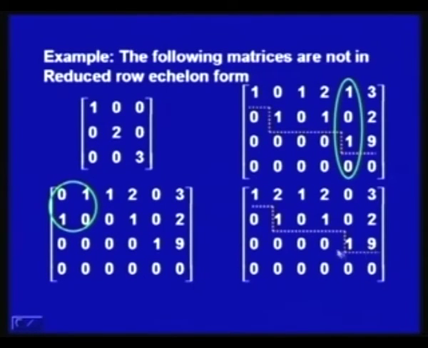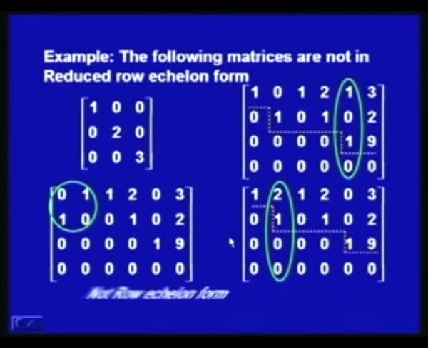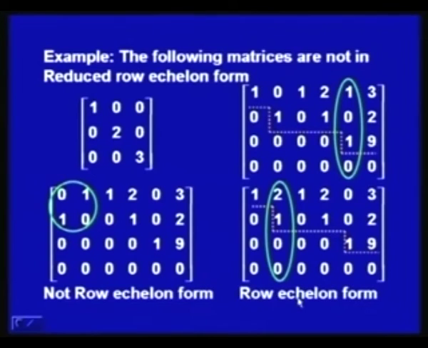Now, in this case again the staircase pattern is there, but this particular column makes it different from a reduced row echelon form, because this is the leading one, but this column has another non-zero entry. So, this again is not in reduced row echelon form. They are not in reduced form, but they can be in row echelon form.